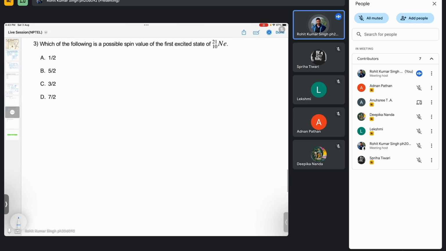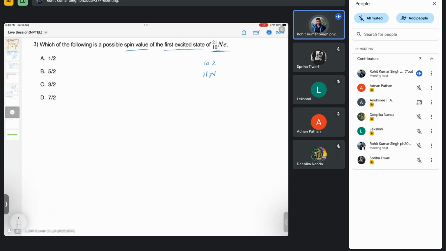Now there is one interesting problem. Which of the following is a possible spin value of the first excited state of neon nucleus? So here we have 10 protons and 11 neutrons.